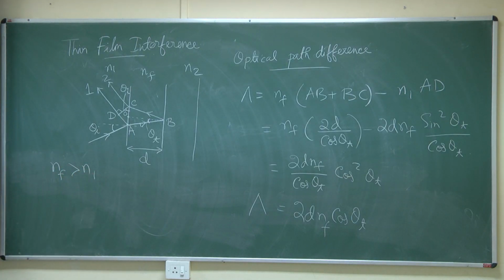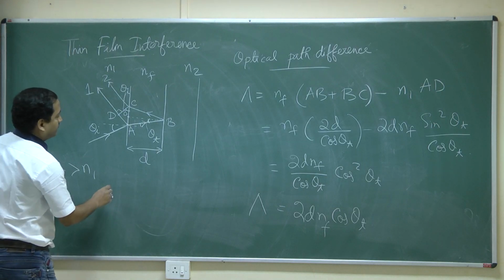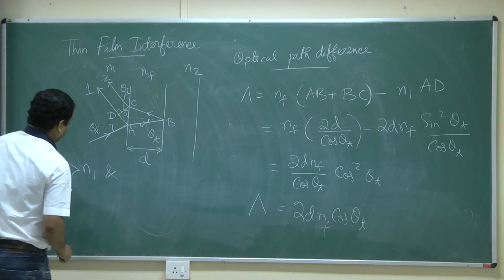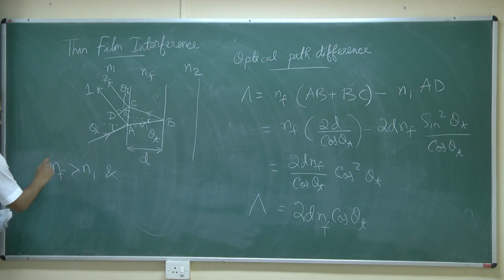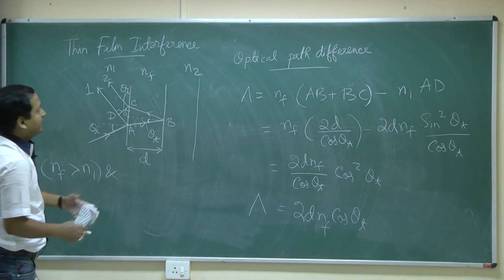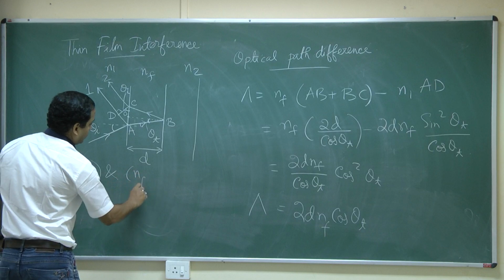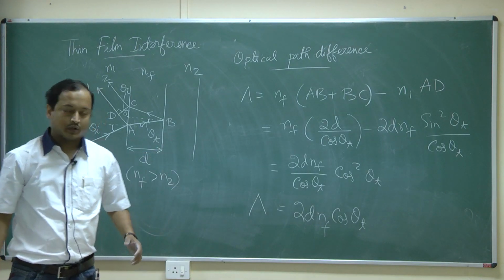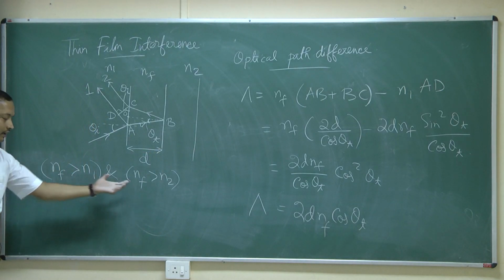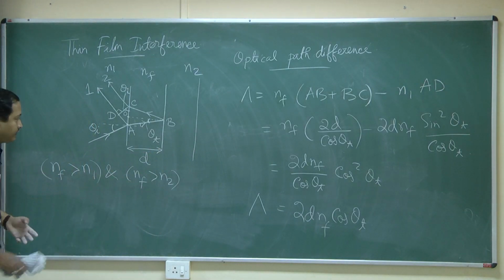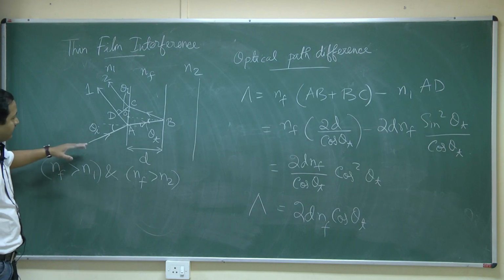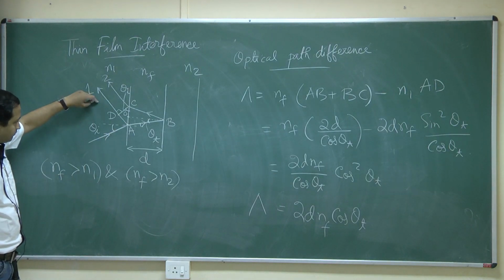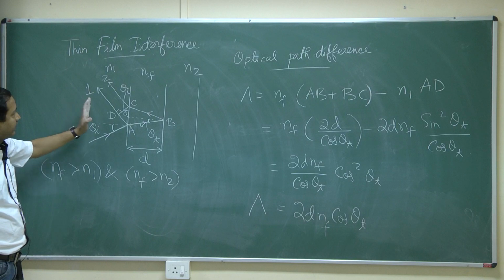And also say nf is greater than n2, because oil is usually much denser than water. If that example you have in your mind, then these two are the usual conditions which will be satisfied. Then you can see this particular ray 1 gets reflected coming from a rarer to a denser medium.